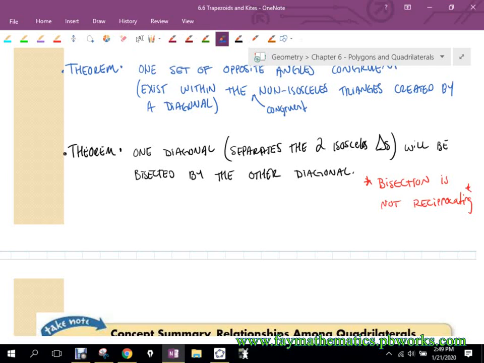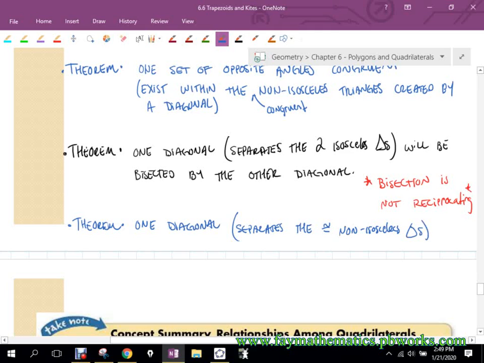The next theorem is that one diagonal, and it is the one that separates the congruent non-isosceles triangles, so in this case, it would be the one that is actually bisecting the other one, will bisect one set of opposite angles.